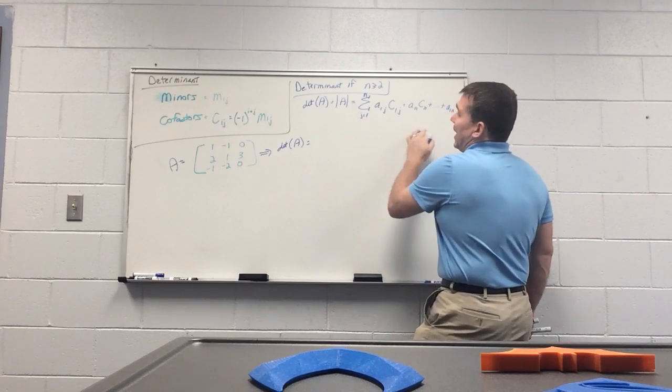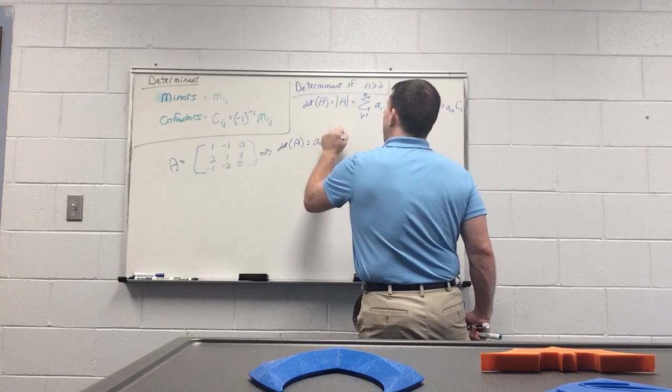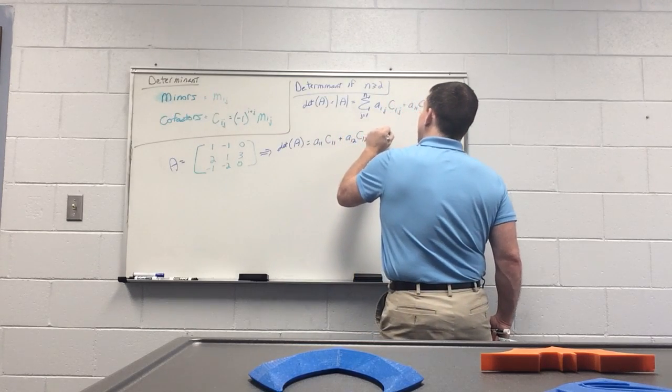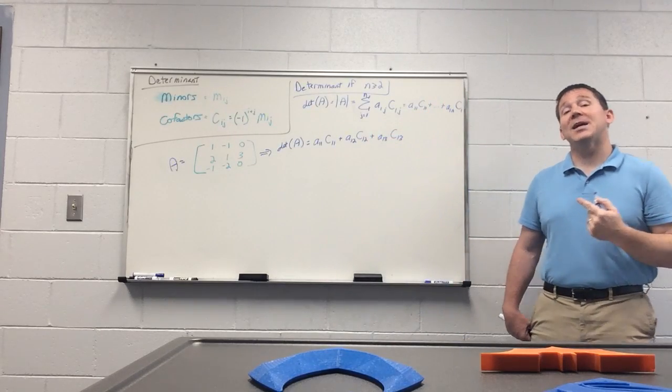Well, clearly, if I expand along the first row, it's going to be A11 C11 plus A12 C12 plus A13 C13. Add up those 3 entries right there.